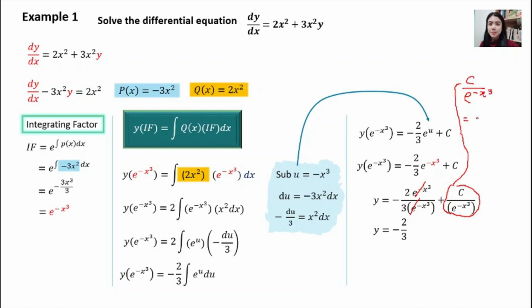Because it's divided, you can write it as minus minus x cubed, and the minus will give you a positive. So you have a positive x cubed here. Then you will have plus C e to the power of x cubed. This is the general solution for this differential equation.